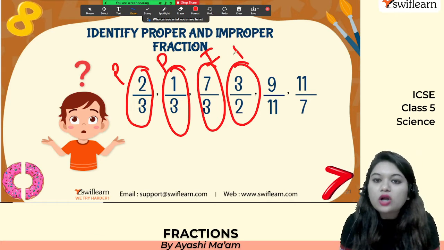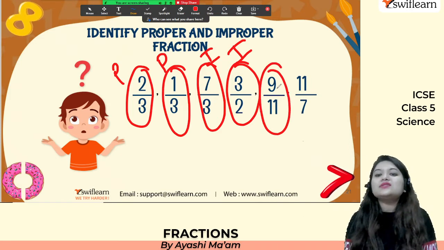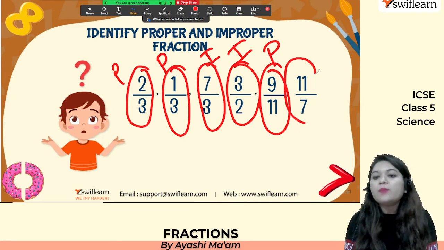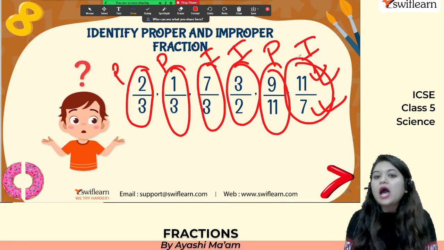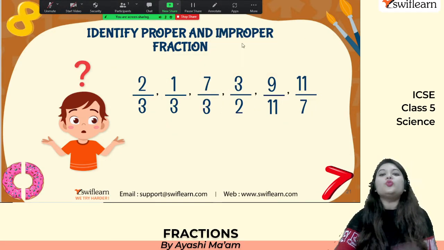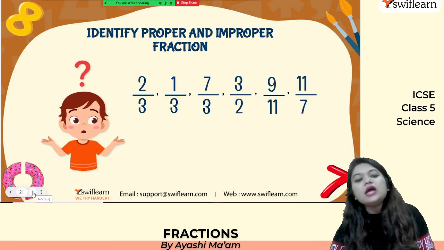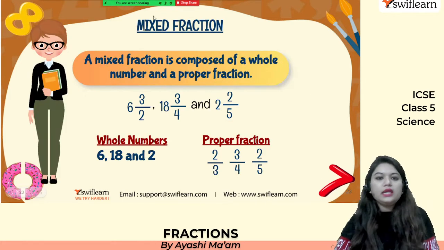Therefore, this will be called an improper fraction as well. 9 by 11. The numerator is less than the denominator. Therefore, this will be called a proper fraction. 11 by 7. The numerator is greater than the denominator. Therefore, this will be our improper fraction. Okay, done, easy. So just remember 2 points. Proper fraction: numerator smaller than denominator. Improper fraction: numerator greater than the denominator.